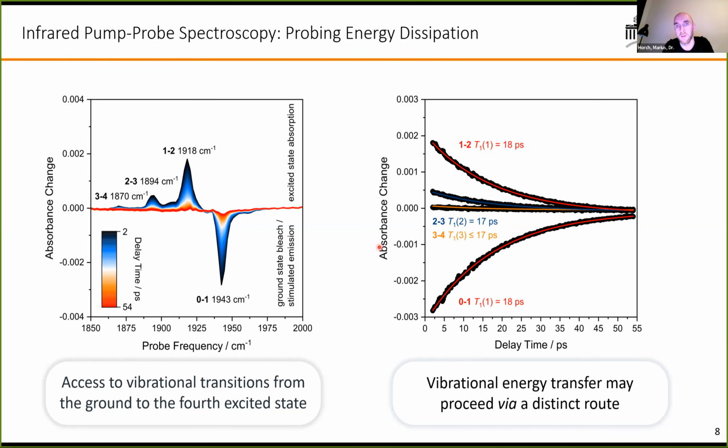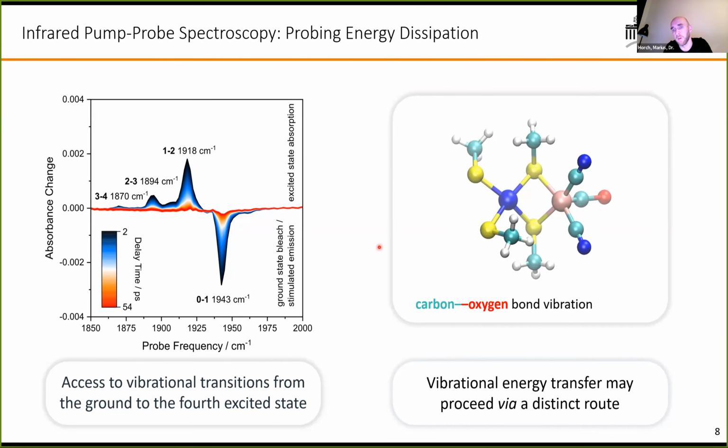So we're doing anharmonic calculations here within the vibrational perturbation theory context or framework. And what we see from these calculations is basically that the CO stretching vibration we're probing here is actually coupled to a set of low frequency metal ligand vibrations, one example of which is shown here.